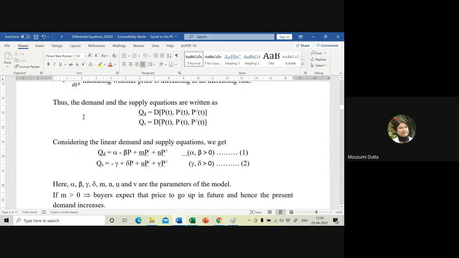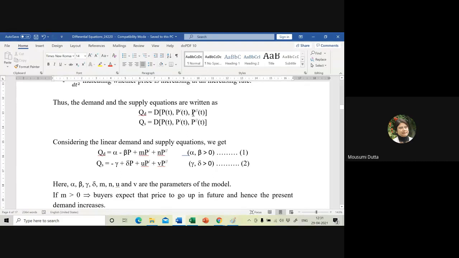Thus, the demand and supply equations are written as, I'm complicating the matter a bit, QD, which is equal to D as a function of P(t). This was there in the earlier framework. Then I am bringing P prime (t) and P double prime (t). That is the first derivative of the price, which will indicate whether price is increasing or decreasing. And the second derivative, so if it is increasing, what is the rate?